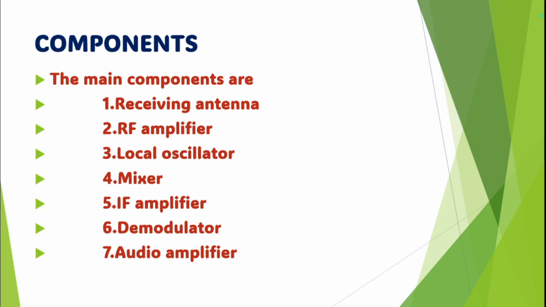The superheterodyne receiver changes the radio frequency signal, which is a high frequency signal, into an easier intermediate frequency signal.